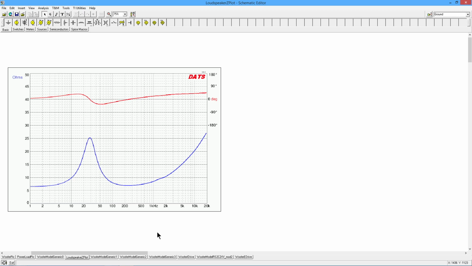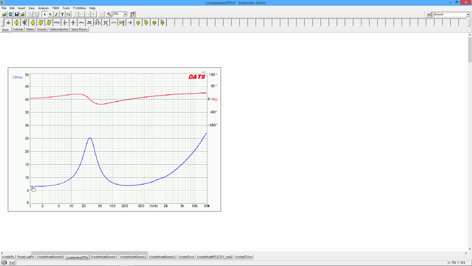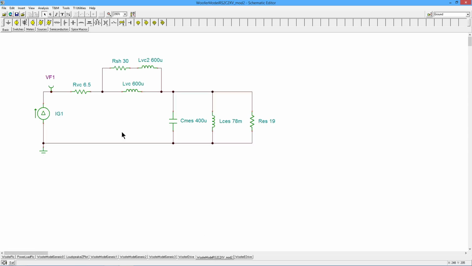My choice. But nonetheless, no, it was 6.5. I must be confusing that with the preceding one I did. All right, let me just double check that. Yeah, that is 6.5. Okay, my bad. So I got 6.5, and I needed to get that 25 and change.